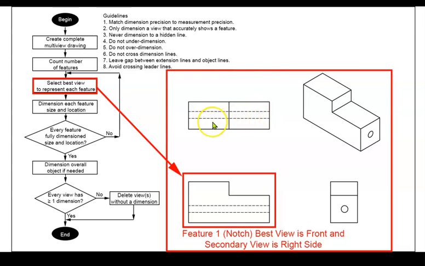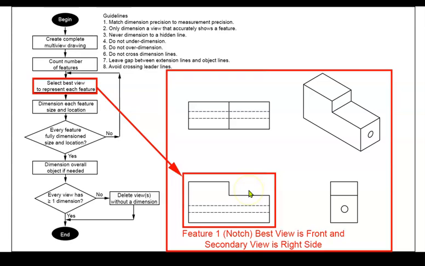So we're going to look at our views and look at the features, and we're going to pick the view that best represents the feature. So for example, the notch here is most visible in the front view, and it's barely understandable in the top and right views.